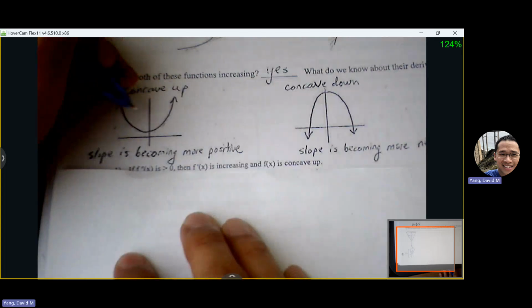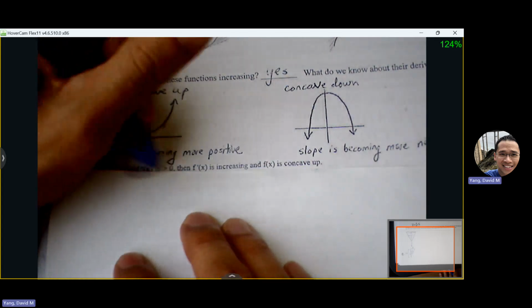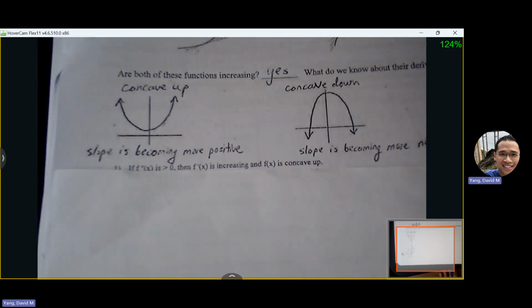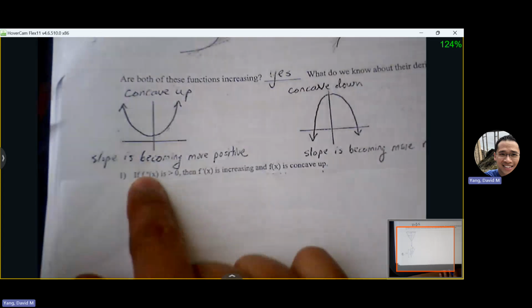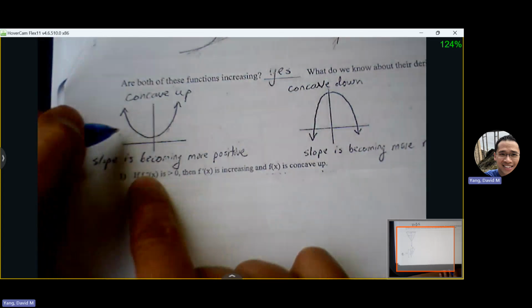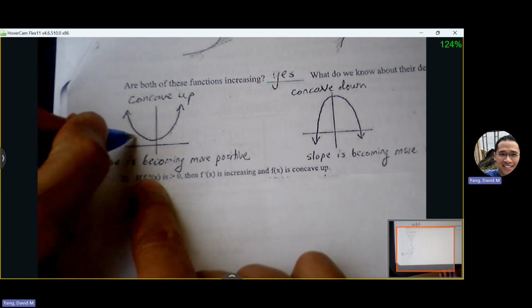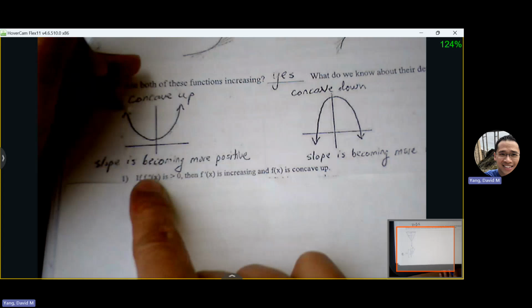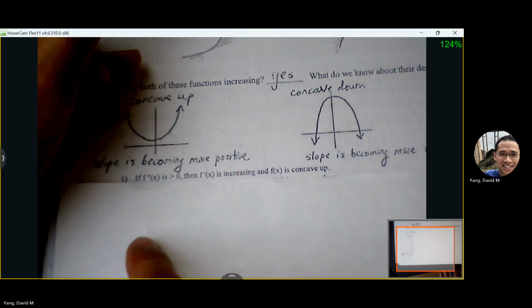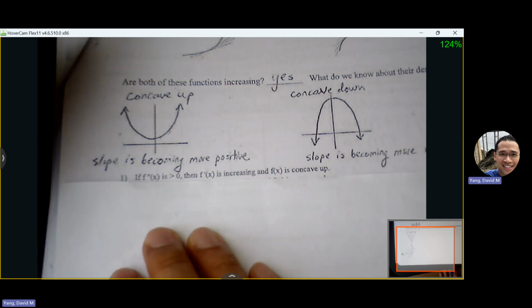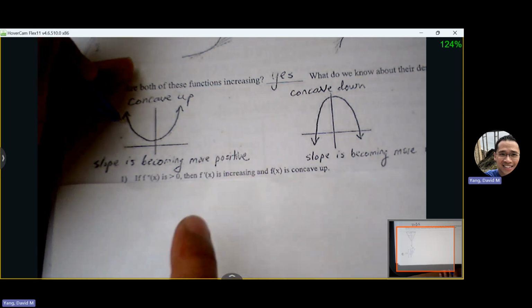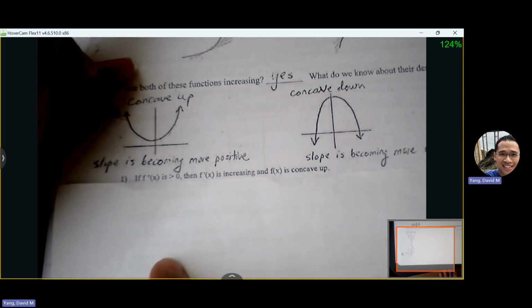So just to show you how this slope is becoming more positive, I'm just going to pick out some slope values. This is a pretty steep negative slope, so let's say this is a slope of -4.